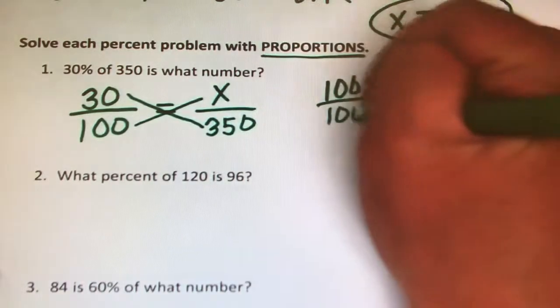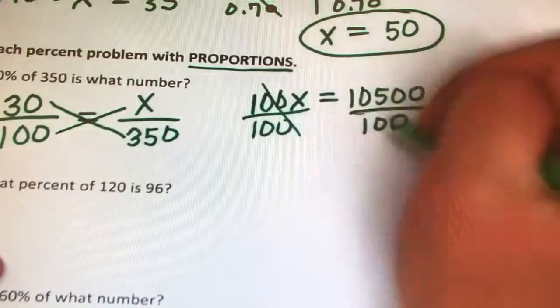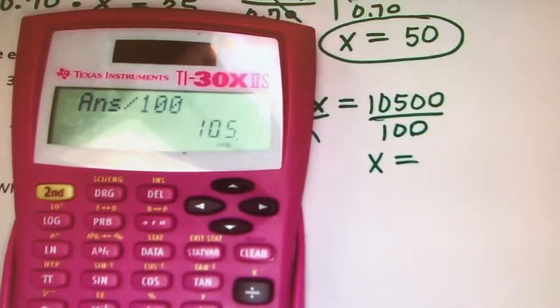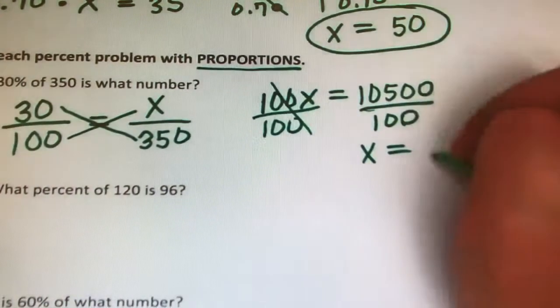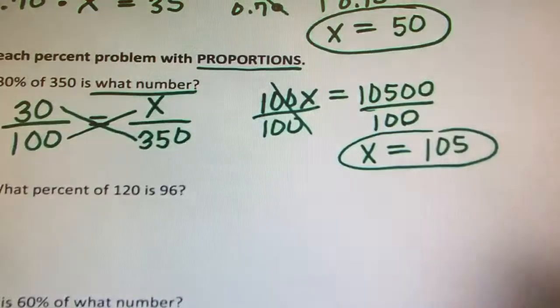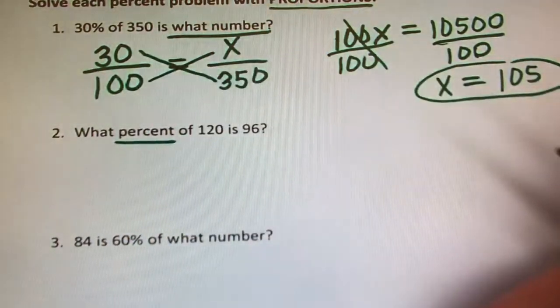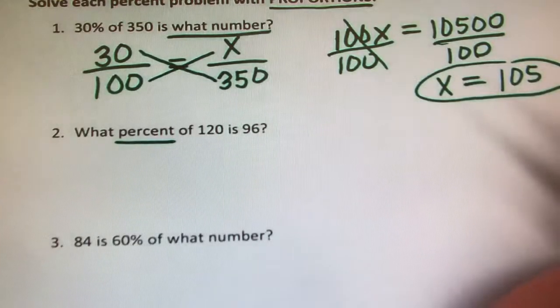Divide both sides by 100. X equals 105. And on each of these, I'm just really careful because this one said what number, so my answer was a number. But on number 2, it says what percent. So we have to make sure at the end our answer is in percentage form.